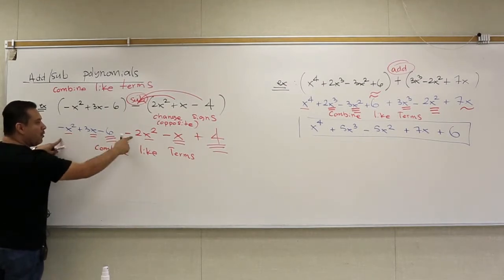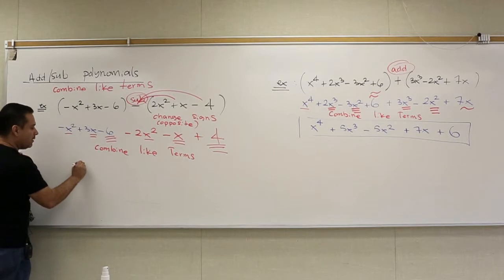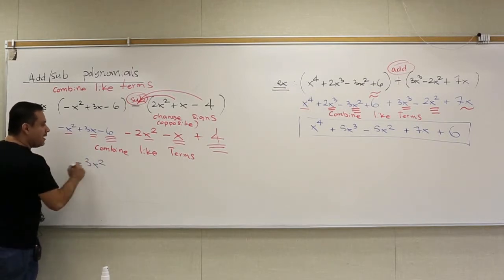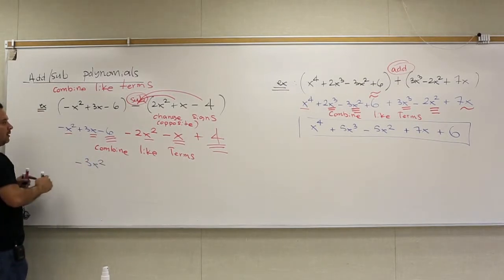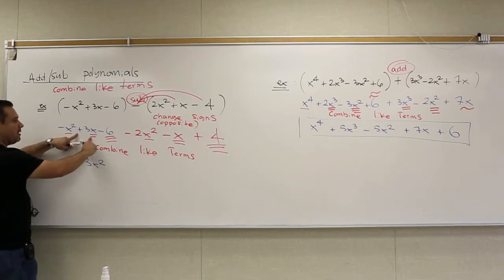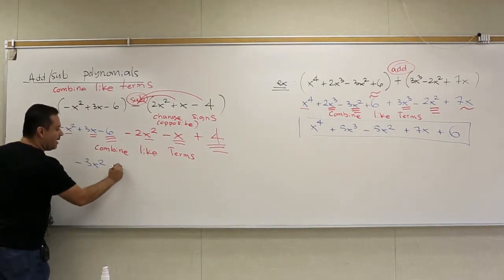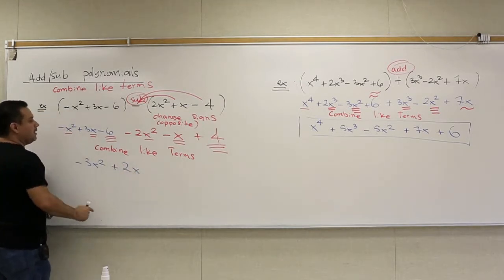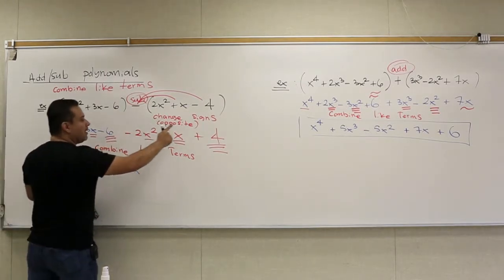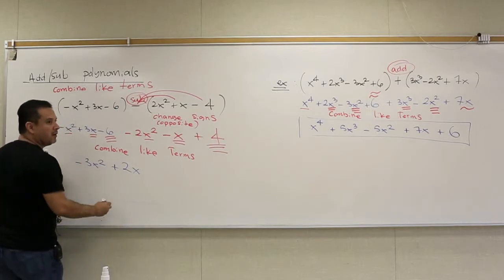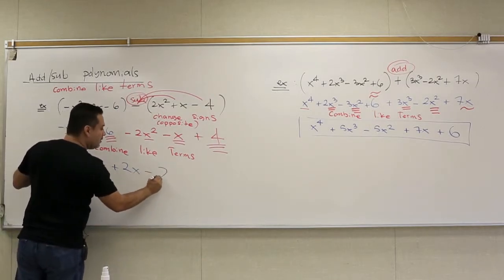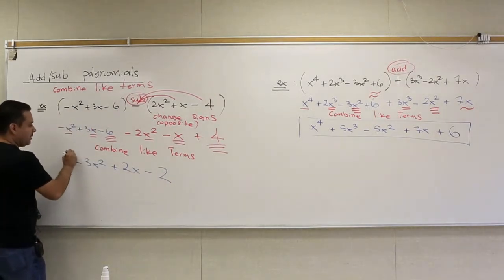I owe an apple. I owe 2 apples. I now owe 3 apples. I have 3 bananas, and I owe a banana. I'm going to have 2 bananas. I owe $6, and I have $4. What's going on? I owe 2. You guys okay with this?